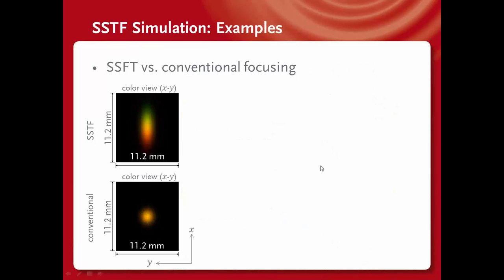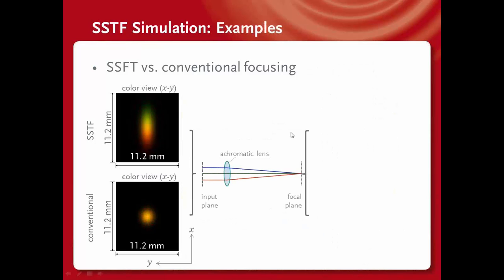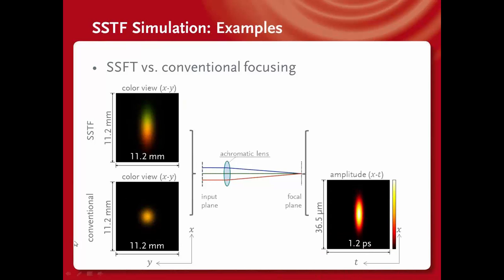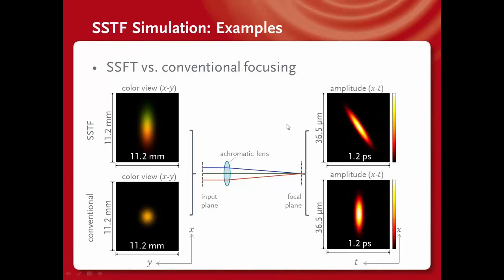So now what happens if we now focus these SSTF setup by an achromatic lens? For the conventional one, where we don't have a separation, you will just get a nice pulse front which is perpendicular to the optical axis. But for the SSTF setup, you always will end up with a pulse front tilt.